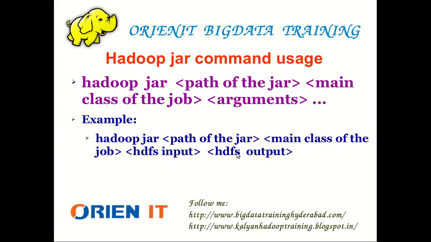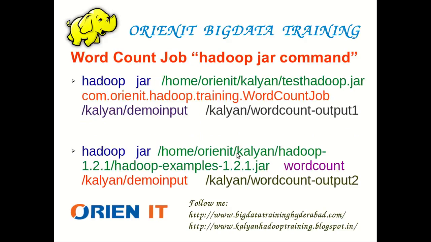The simple command in the exact pattern is Hadoop jar, the path of my jar, maybe where it is located on my local machine, that is home/orienit/kalyan/test/hadoop.jar. Suppose my jar name is test hadoop.jar, and after the path of the jar I need to give the main class of the jar.